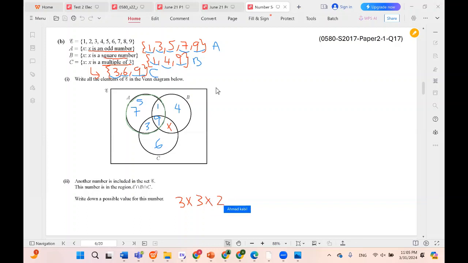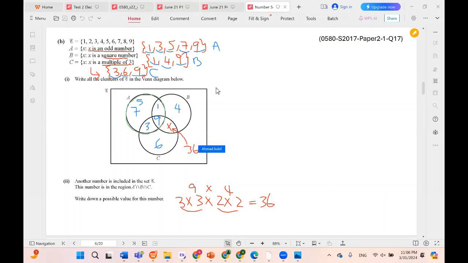And again, because this is a square number, we have to make sure that we have doubles of every number we have. We cannot have one number that exists only once. So we have to multiply by another 2. This number would satisfy all the conditions. Let's calculate this number. So 3 times 3 is 9. 2 times 2 is 4. 9 times 4 is 36. So 36 would be a good number to place here.